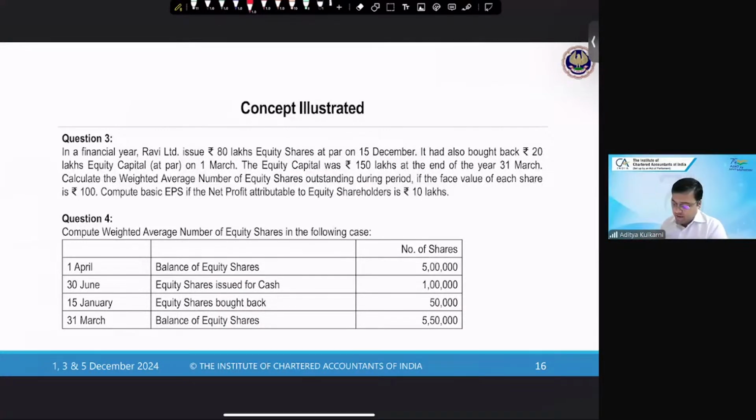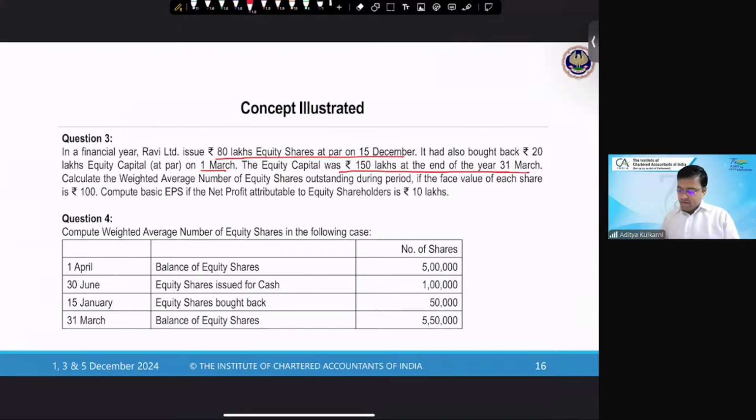In a financial year, Ravi Limited issues 80 lakh rupees equity shares at par on 15th December. It had also bought back 20 lakhs equity capital at par on 1st of March. The equity capital was rupees 150 lakhs at the end of the year.